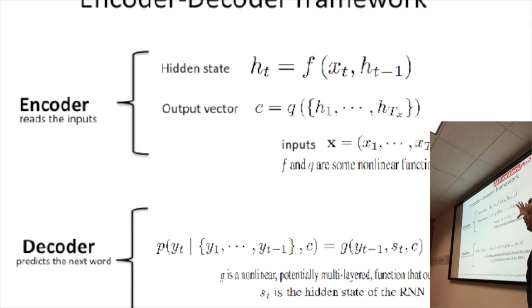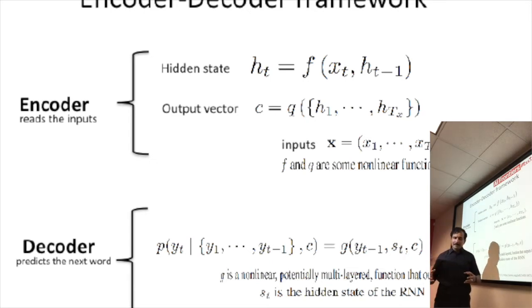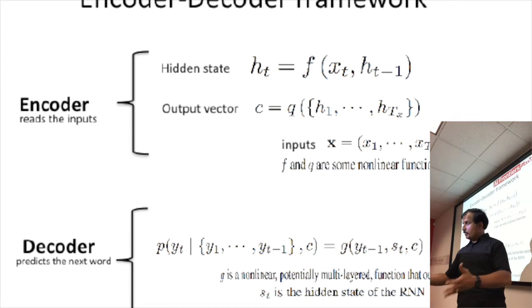So once you have the context vector, you feed that context vector into a decoder. You are actually outputting words, and y1, y2, y3 to yn are the sequence of words the decoder is emitting, in this case if it's a translation.